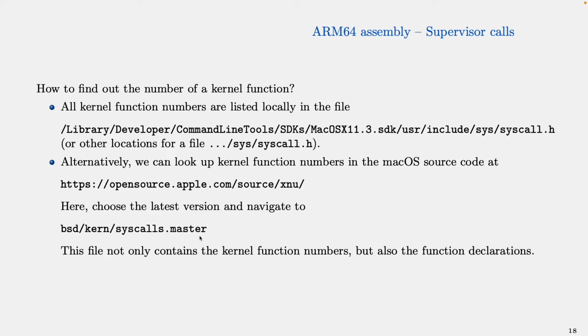This file not only contains the system call numbers, but also the function declarations in C, which is quite helpful if you want to know which arguments you have to feed to your system call. So you see the data structures and the number of arguments that you need to hand to a system call, and it's quite convenient.